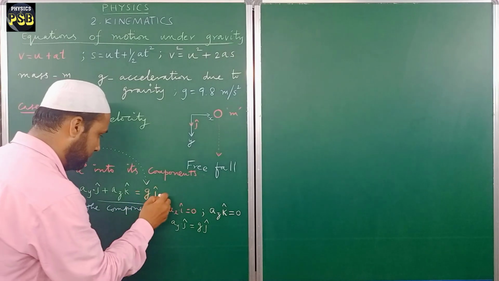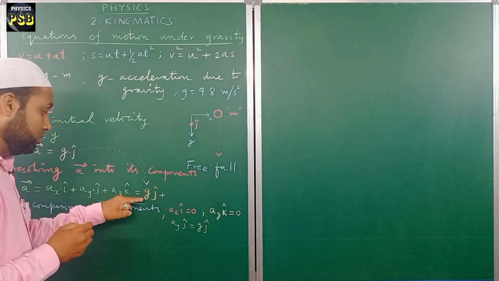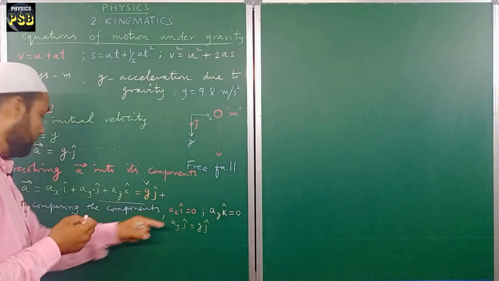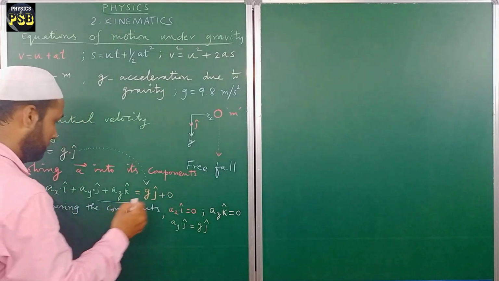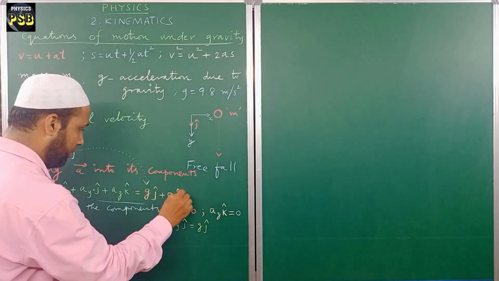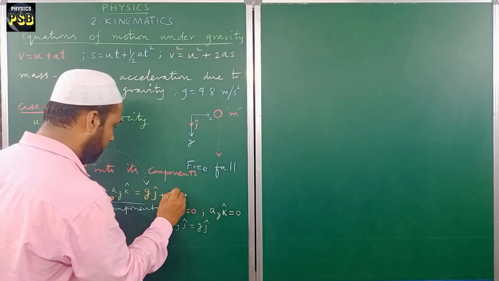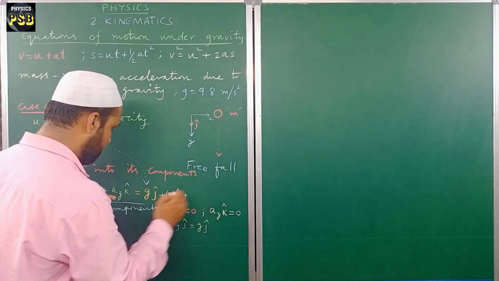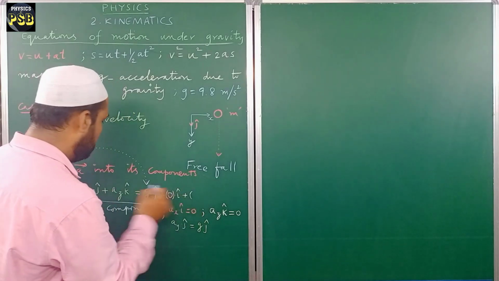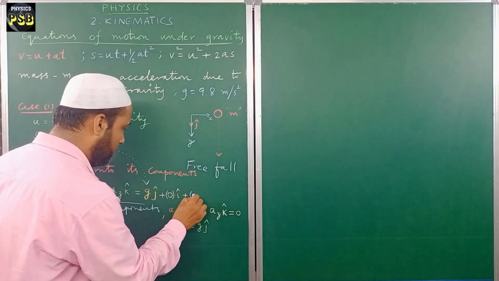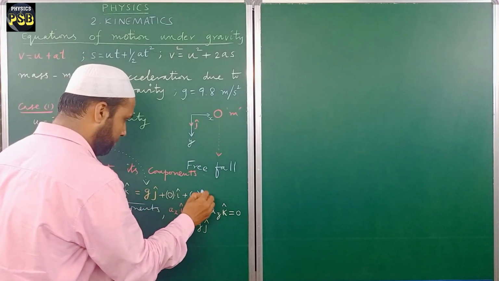What is that? As the component of acceleration along the x axis is nothing, so taken as 0 i cap, plus here the component of acceleration along the z axis is again 0, so 0 k cap.